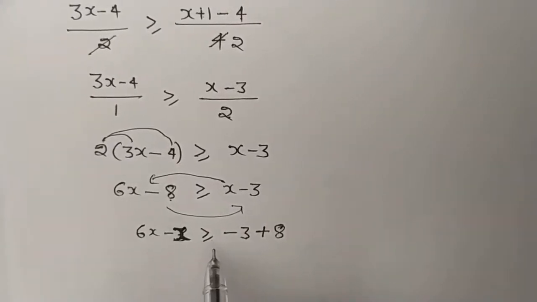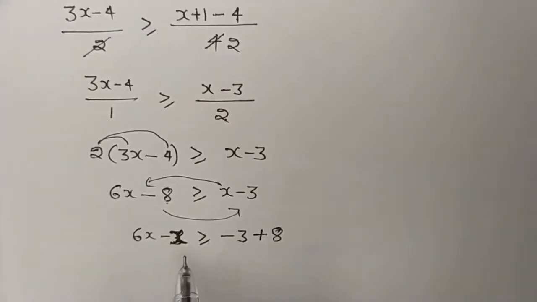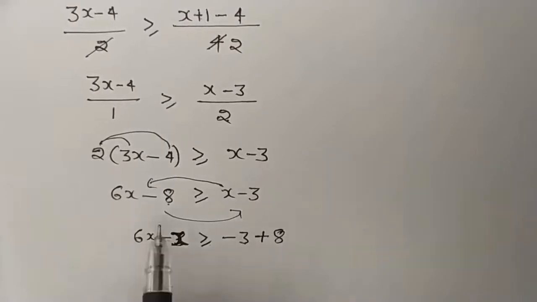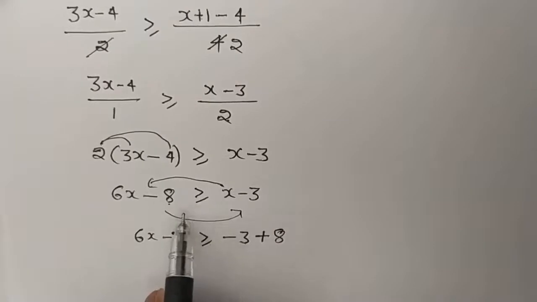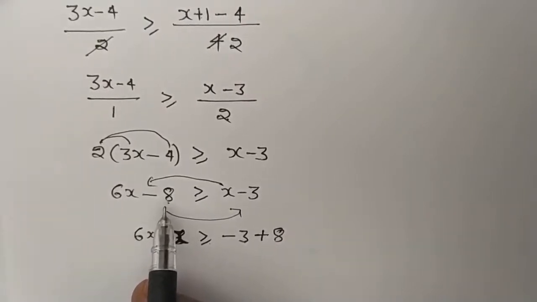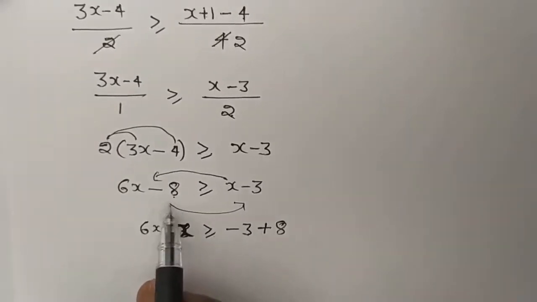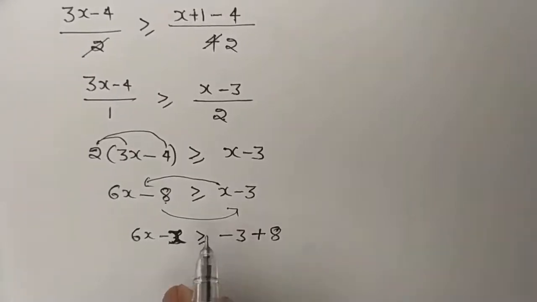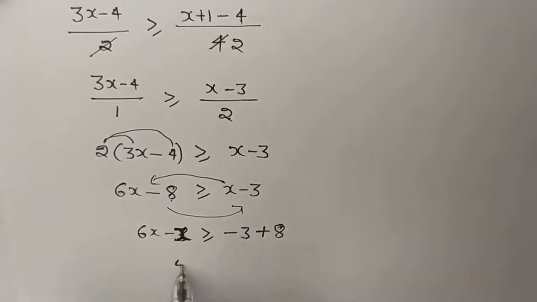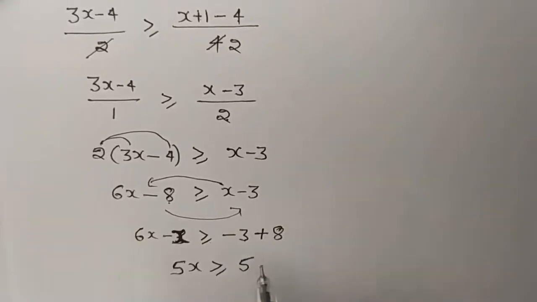If we multiply or divide on both sides of the inequality by a negative number, then only the inequality changes its direction. Here we are just adding 8 on both sides so that the inequality does not change. 6x minus x is 5x, greater than or equal to 8 minus 3, which is 5 only.